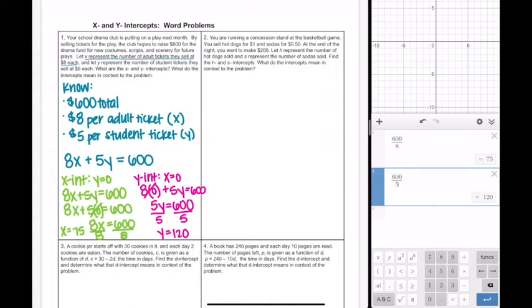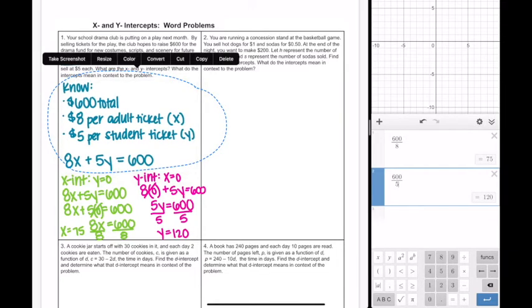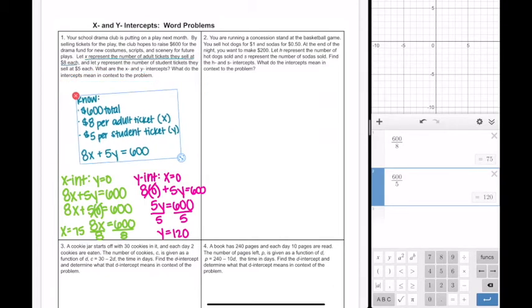So our solution here, remember that we said that X represented the number of adult tickets and Y represents the number of student tickets.